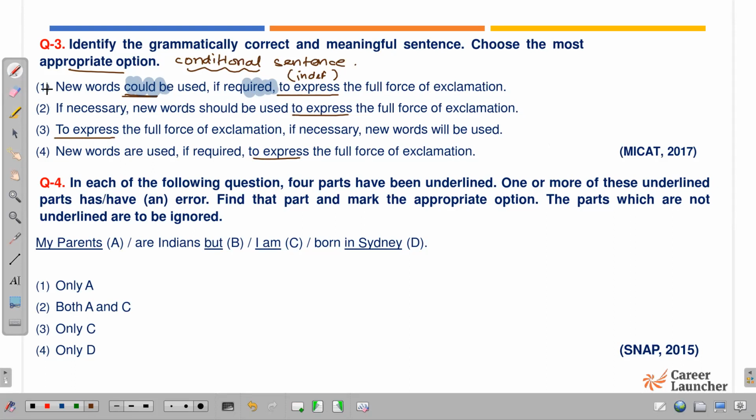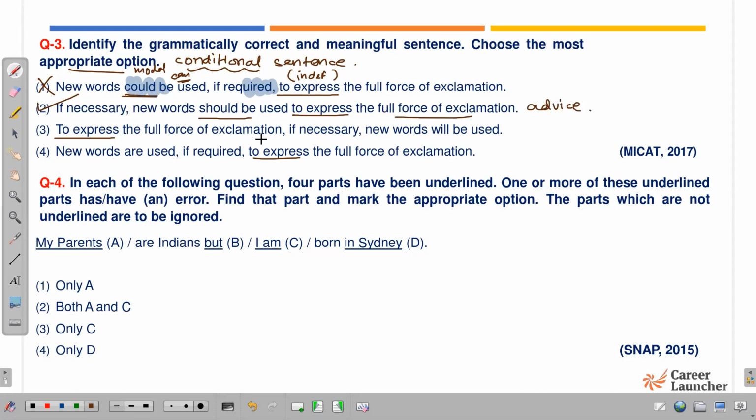So I don't think the first will make sense because new words could be used. There's no use of modal here. So can be used is a better phrase if required. So can should have been the case. If necessary, new words should be used to express the full force of exclamation. That still makes sense, that if necessary, new words should be used, an advice or a suggestion.